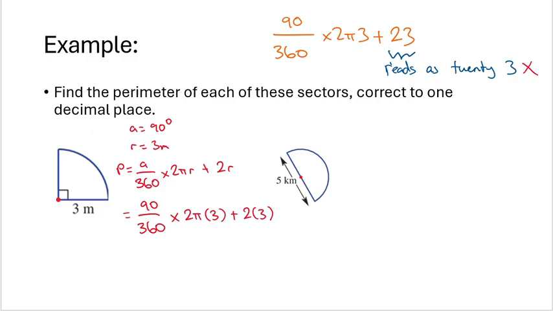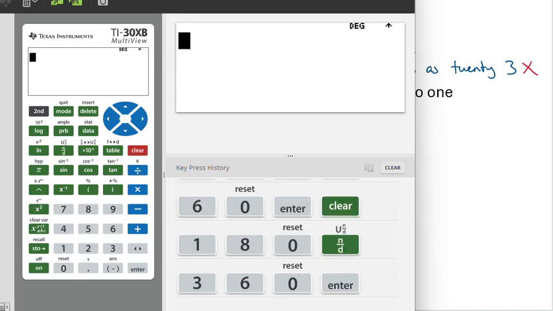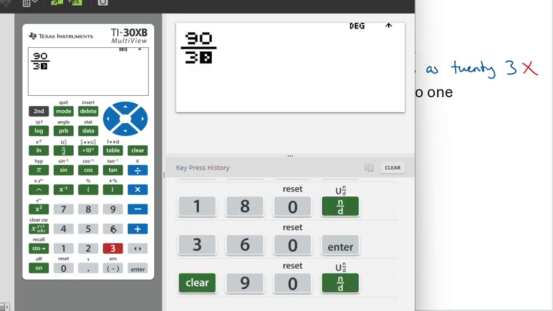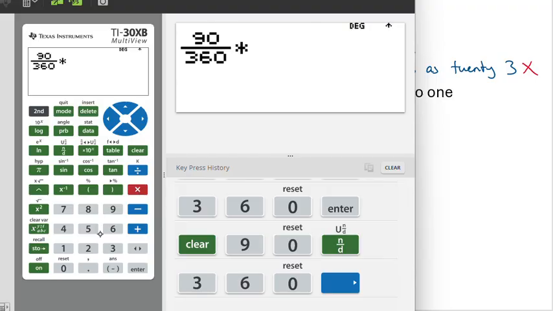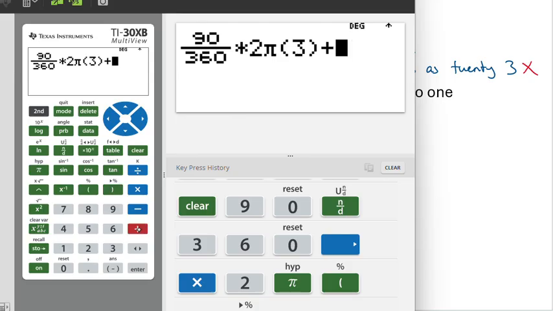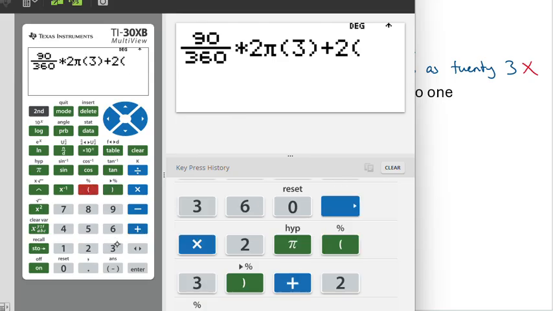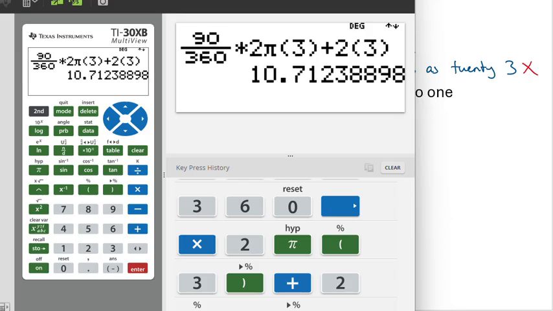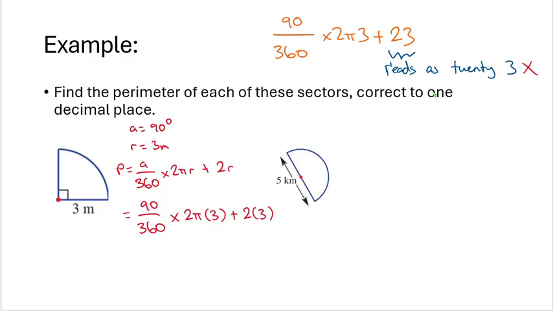So that's why we put the brackets in to indicate, hey, this just actually means 2 times 3. So if you were to type this out on the calculator, 90 out of 360 times 2 pi 3 plus 2 bracket 3 like that. Just type this in exactly. It'll give you the answer you need. So in this case, it'll be 10 point. Let's have a look here. It says here correct to 1 decimal place.